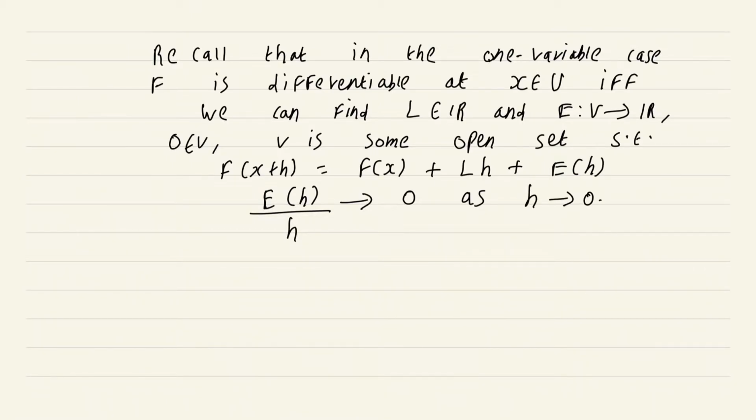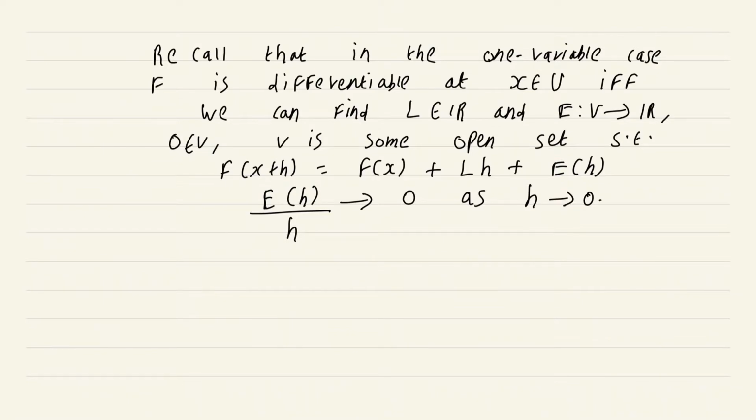So this just says that if a function f is differentiable at the point x, then you can make a good linear approximation, or rather more precisely an affine linear approximation. This part, f of x plus Lh, is supposed to be the affine linear part, and this is an error term, and the error term is small. The smallness is quantified by the fact that E of h by h goes to 0 as h goes to 0.